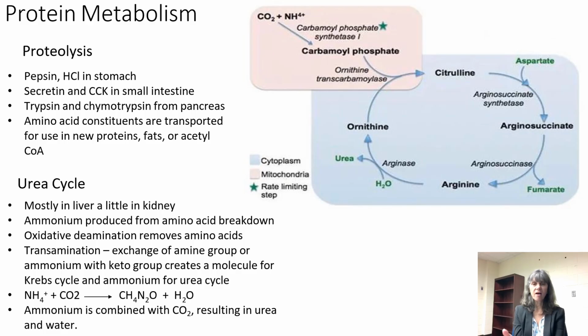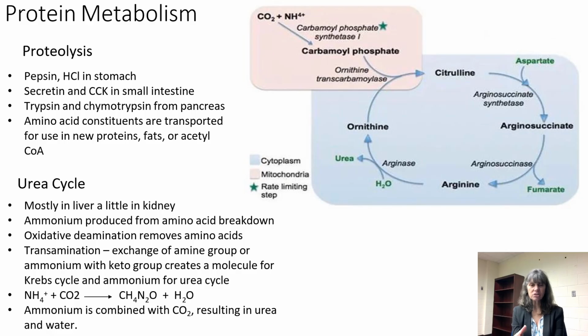One of the byproducts of breaking protein down is that there are nitrogen groups which are in amino acids, and as amino acids are broken down, which is going to occur mostly in the liver and a little bit in the kidneys, the amino acids will contribute to the production of ammonium. And this is due to what we call oxidative deamination, where the nitrogen is removed from the amino acid.